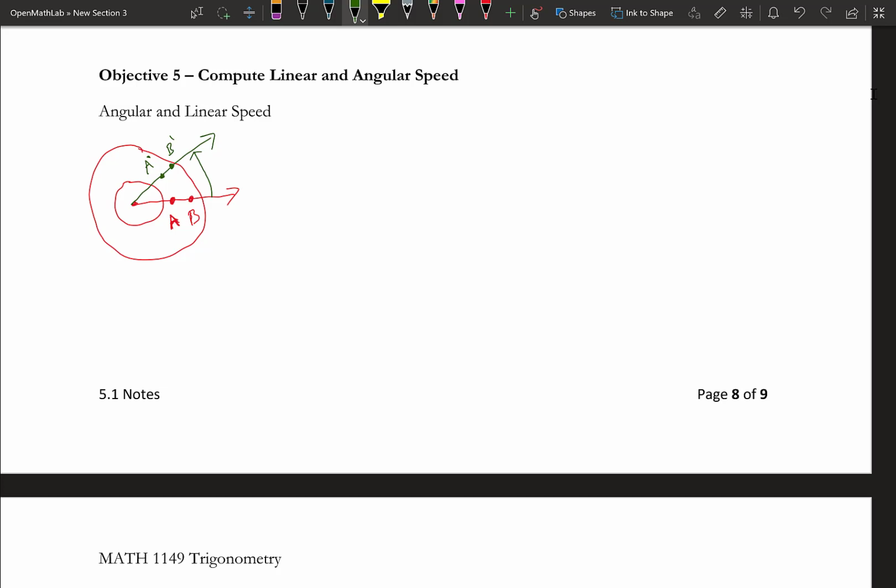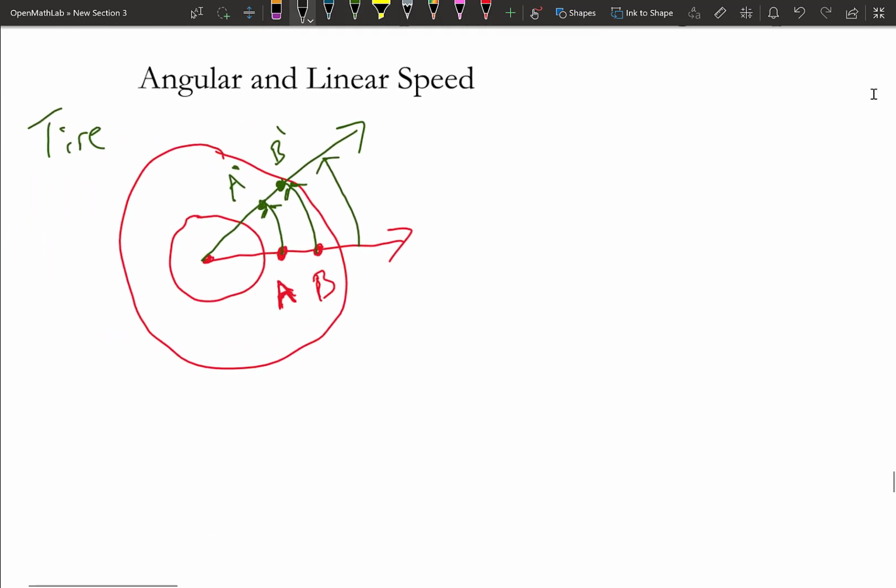So this A point traveled along this path, and B traveled along this path to get to A prime and B prime, right? So this is my tire. Let's say I call the distance that A traveled S1, and the distance that B traveled S2, right? So it's important to note that S2 is greater than S1, right?